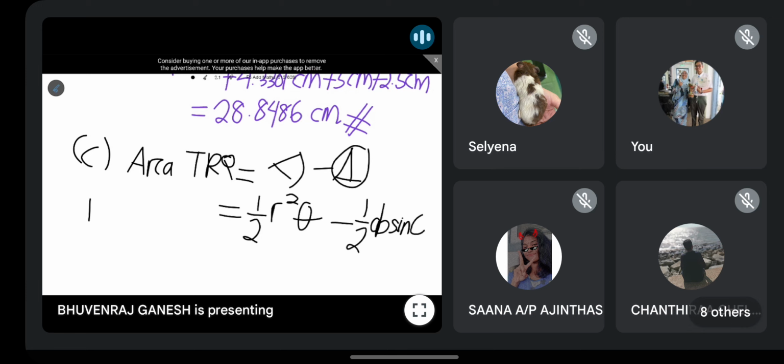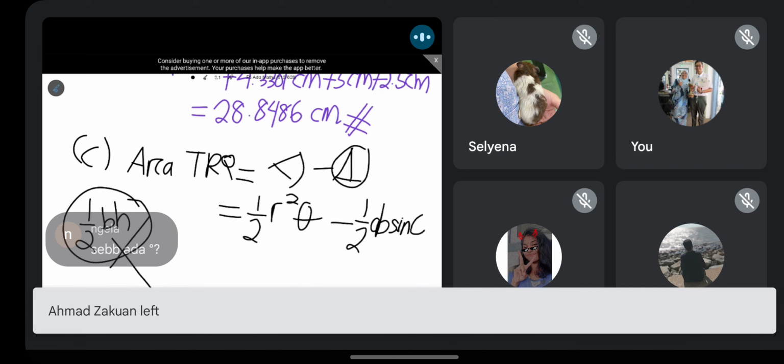I ask one question here. Why luas segitiga saya tak boleh guna rumus ni? Mengapa saya tak boleh guna luas segitiga sama dengan setengah kali tapak kali tinggi? Why half times base times height cannot in this case? Yes, very good.